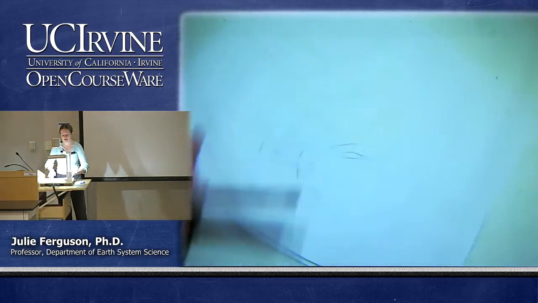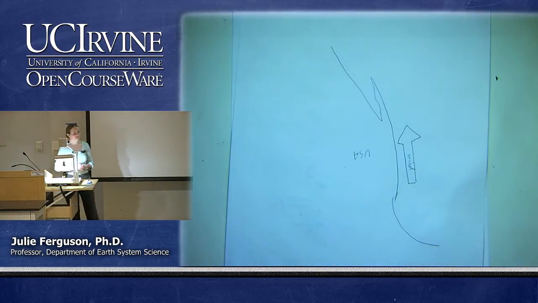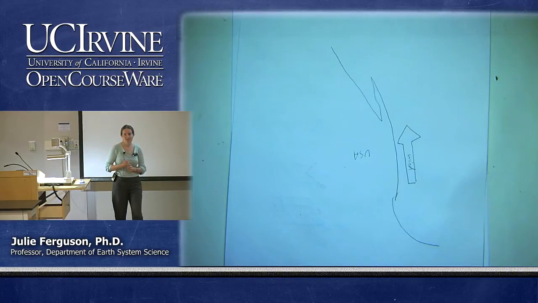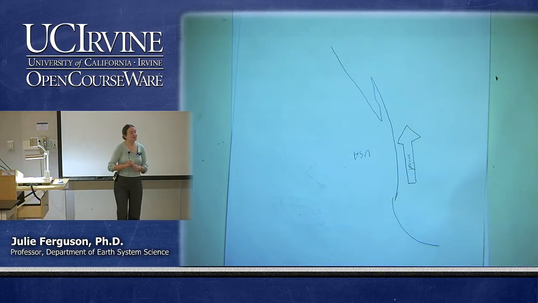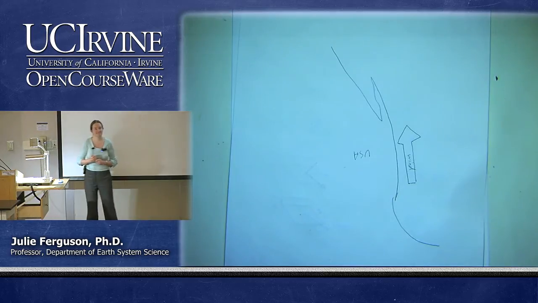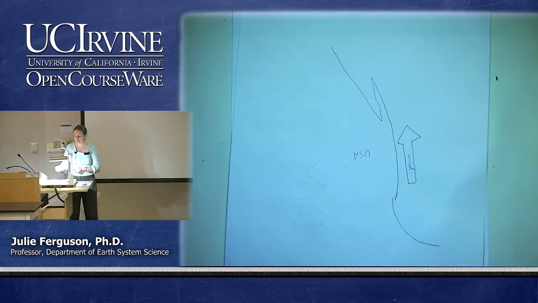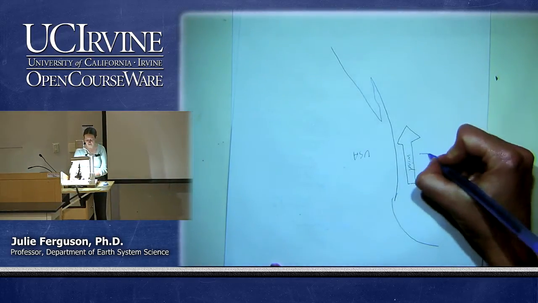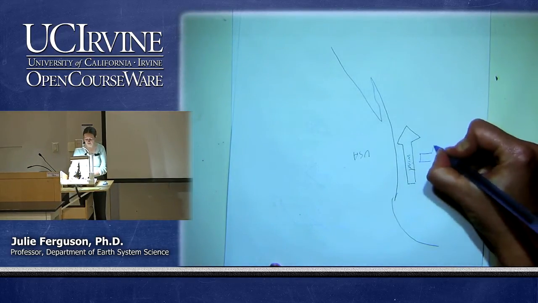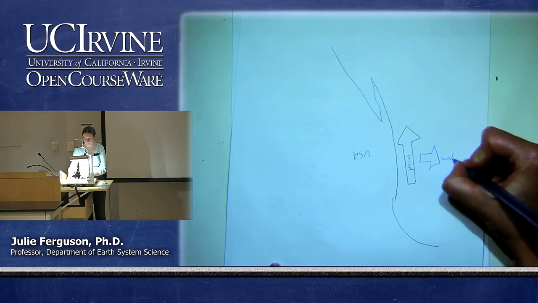So if I look along the arrow, do you want to change your minds? So which way is water going to be moving? It's going to be moving away from land. Okay, so because of the wind that comes down the coast, we get our water moving offshore.